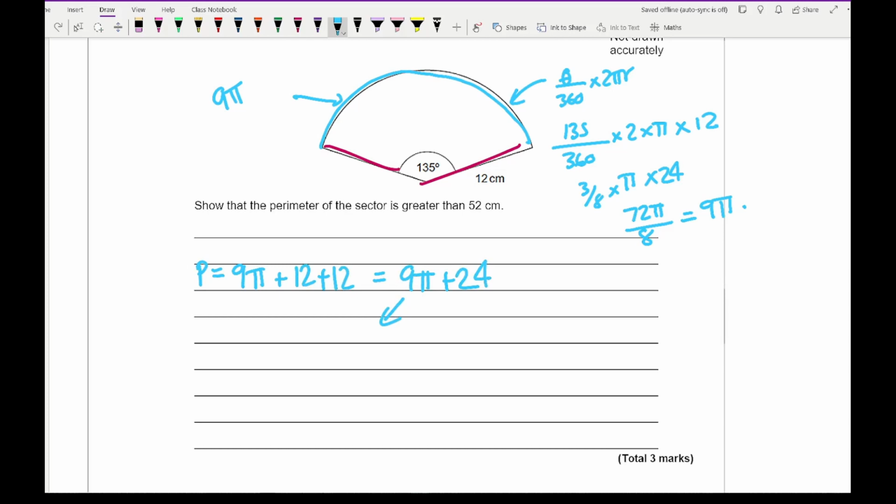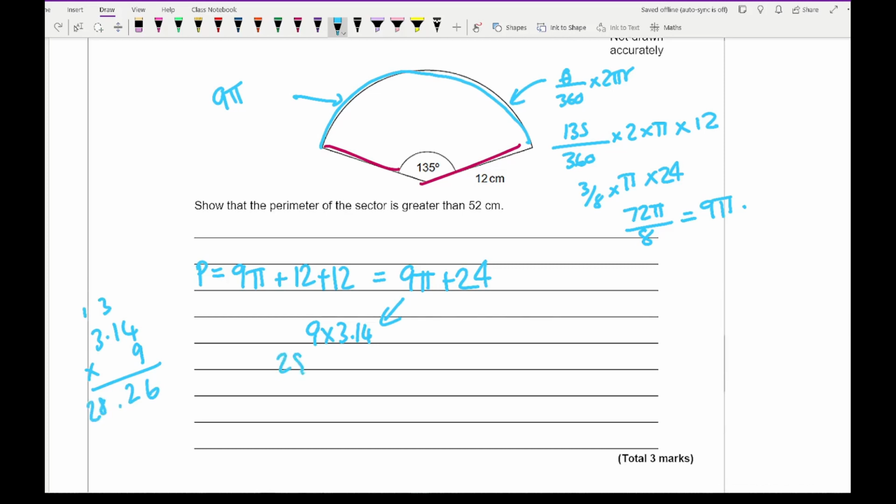Now 9 pi, so that's going to be 9 times 3.14. And this is going to be an underestimate. So 4 times 9 is 36. So 3 times 9 is 27, plus 1 is 28.